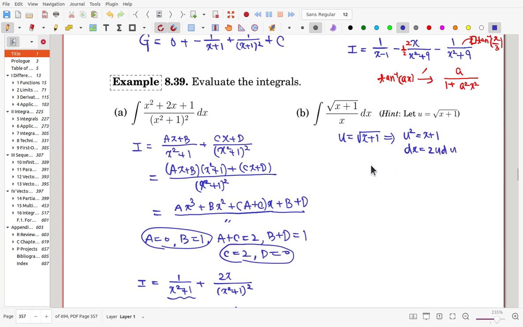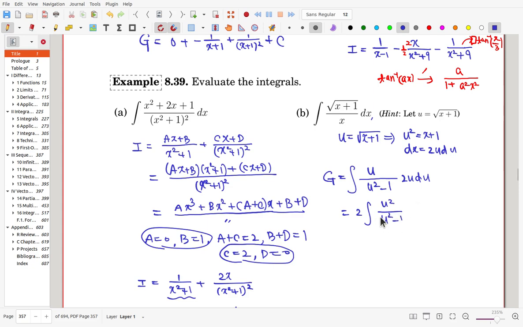So the given integral can be changed into the integral of the square root of x + 1, which is u, over x, which is u squared minus 1, and then dx is 2u du. So here we have twice u squared over u squared minus 1.